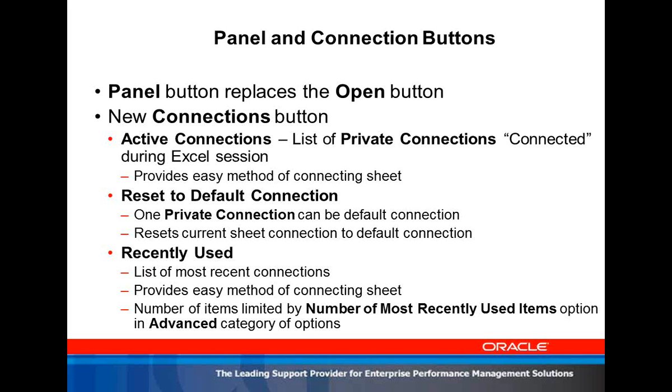You just select the data source. If you haven't signed on already, it will ask you for your user ID and password. You enter those, and it will automatically then connect to the database and do the initial refresh of data. Now, the number of items that appear in that recently used list are controlled by another option, the number of most recently used items option in that advanced category.